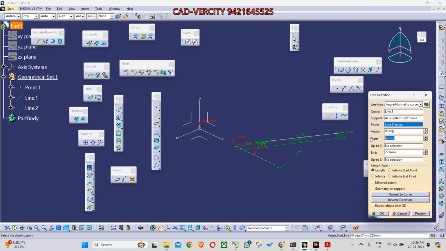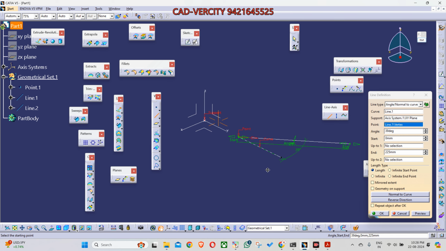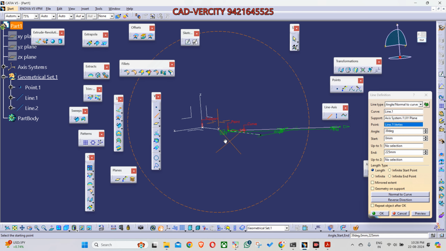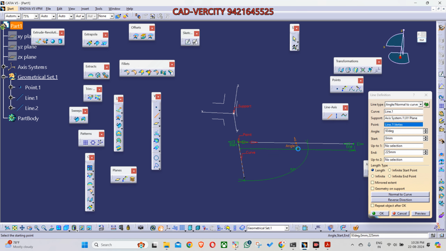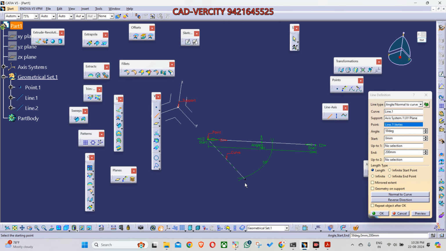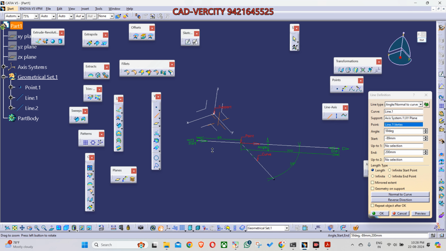For now, let's make it 0. Hold the end and pull it. You can extend it like this, you can minimize the length, you can increase the length, hold and pull it. Press OK.